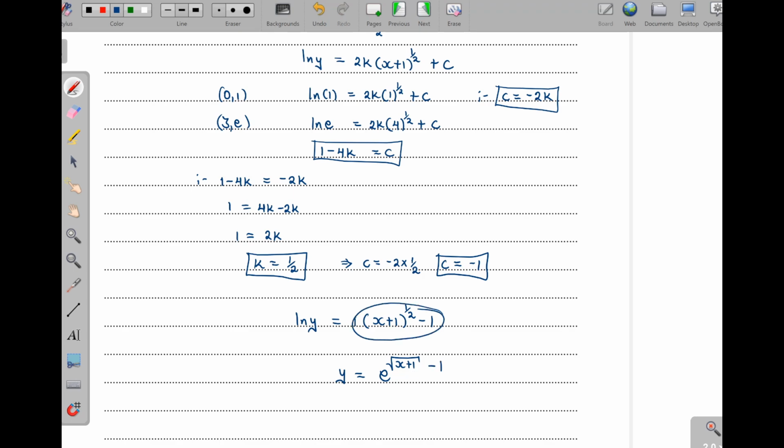So the whole of this will be the power of the e. Now, don't write something like this, because this one has to be up here, okay? Like that. So I can say minus 1, then I put the whole of this in brackets like that, okay? Then I can extend that one there. So that will be the equation of that curve there.